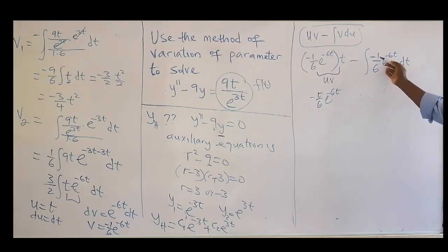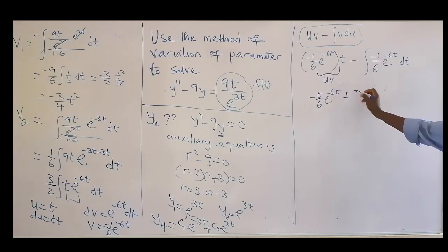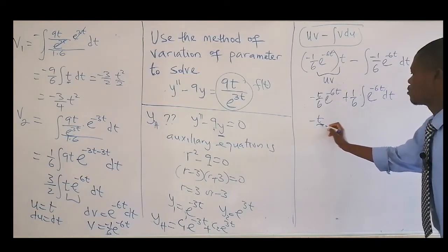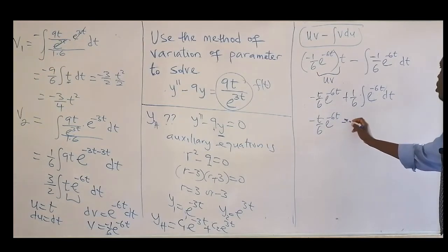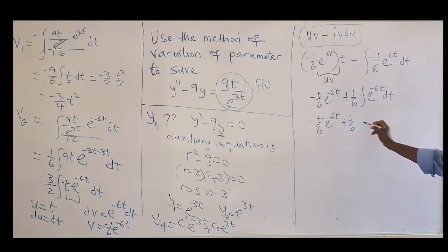And then this one, 1 over 6 can go outside, we have a plus 1 over 6 integral of e^{-6t} dt. And that will be equal to minus t over 6 e^{-6t}, then plus 1 over 6 times e^{-6t} over minus 6.